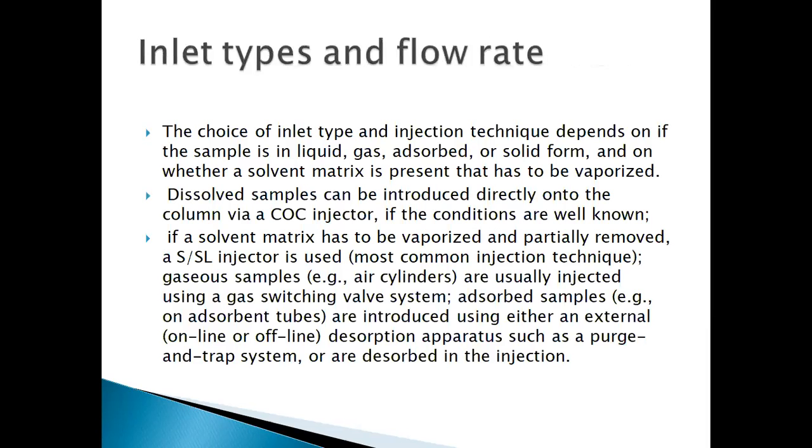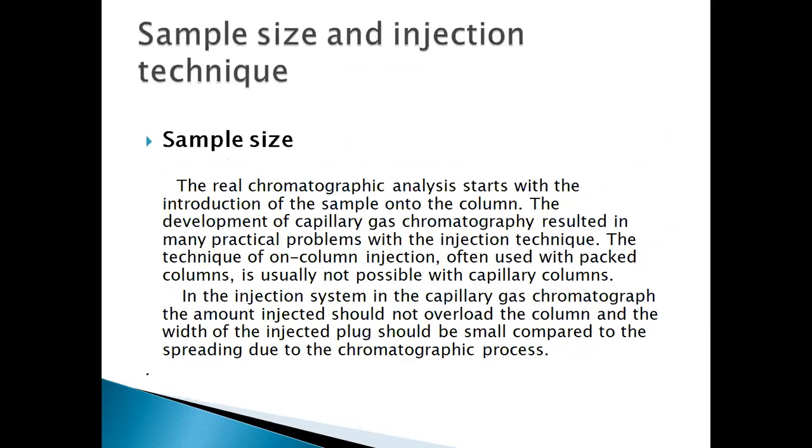Inlet types and flow rate. The choice of inlet type and injection technique depends on whether the sample is in liquid, gas, or adsorbed solid form, and on whether a solvent matrix is present that can be vaporized. Dissolved samples can be introduced directly onto the column via a COC injector if the conditions are well known. Sample size and injection technique. Sample size: a real chromatographic analysis starts with the introduction of the sample onto the column.